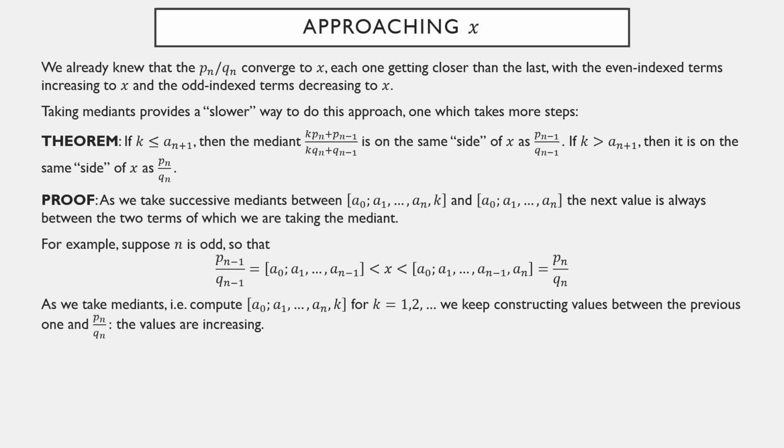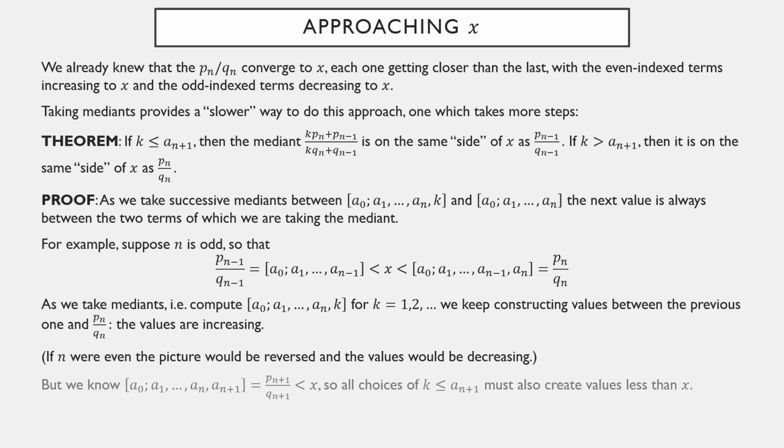Then we're in between that and pₙ/qₙ. We increase a bit more and so forth. If n were even, by the way, the picture would be reversed. As we've done several times, we don't reprove this for the even and odd case. They look essentially the same, but all of your inequalities get reversed. Okay, so now we know that pₙ₊₁/qₙ₊₁ is less than x.